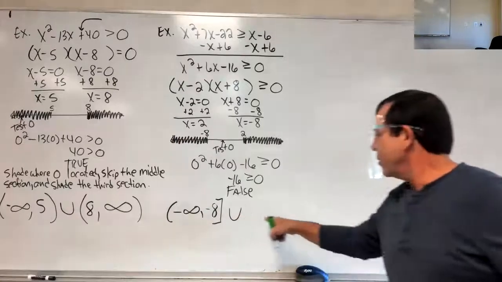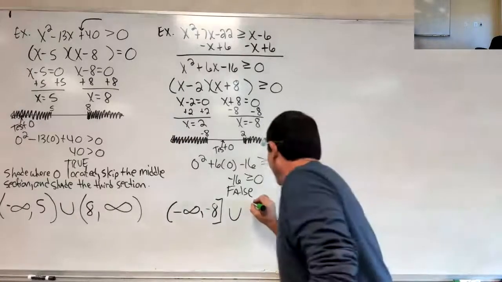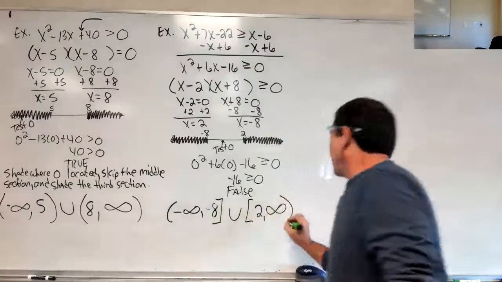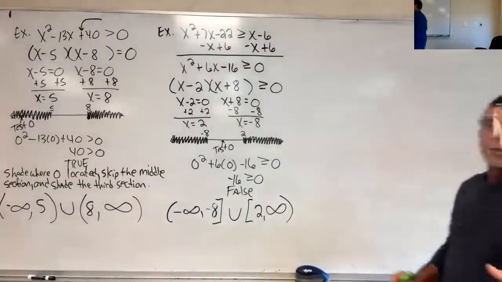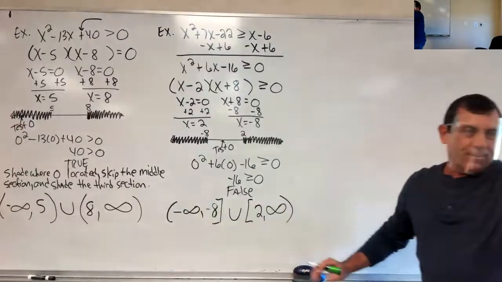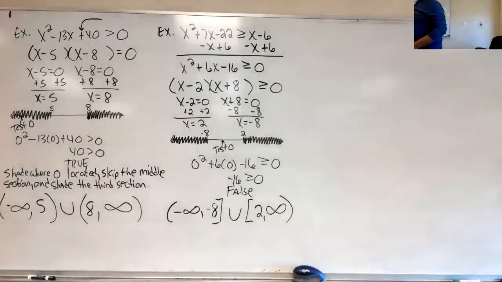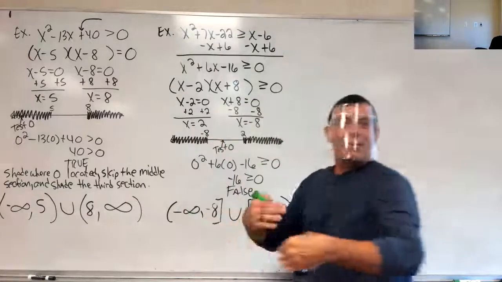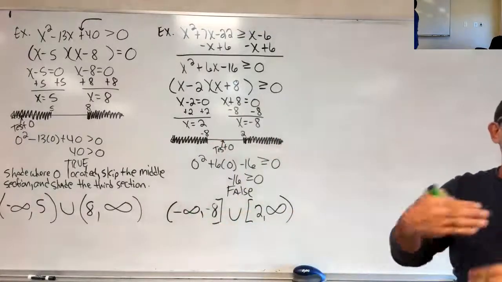Is it a bracket? Okay. And then from 2 to infinity. So I'll just see what y'all do. But yeah, if one number's got a bracket, then that other one's definitely going to have the bracket also. Okay. So y'all, the trick to these is really testing it to see where you're true or false at.